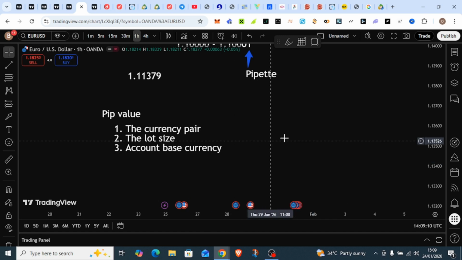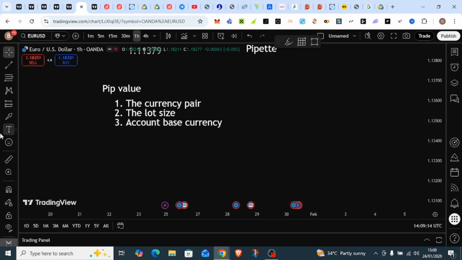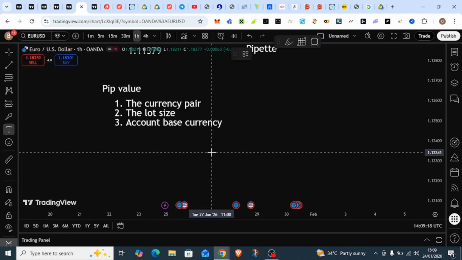There is a formula to calculate Pip value, but the formula varies depending on the quote currency.